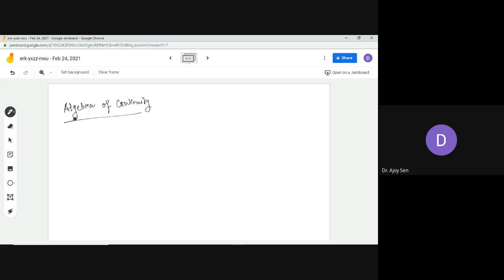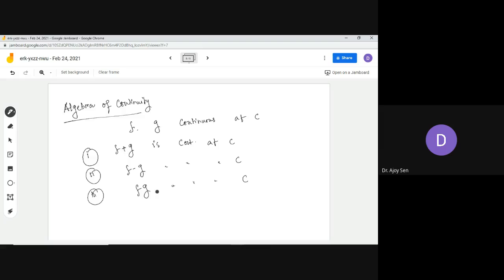That if f and g are two functions which are continuous at c, then number one, f plus g is continuous at c. Number two, f minus g is continuous at c. Number three, f into g is also continuous at c.